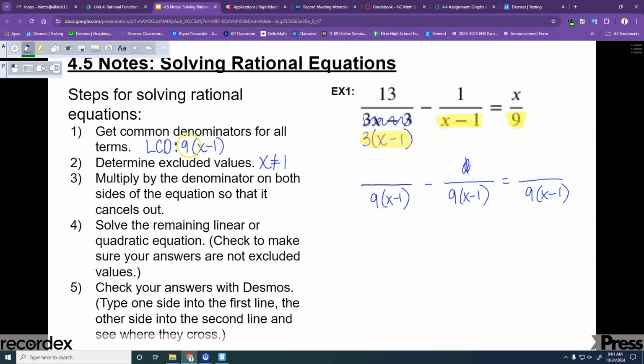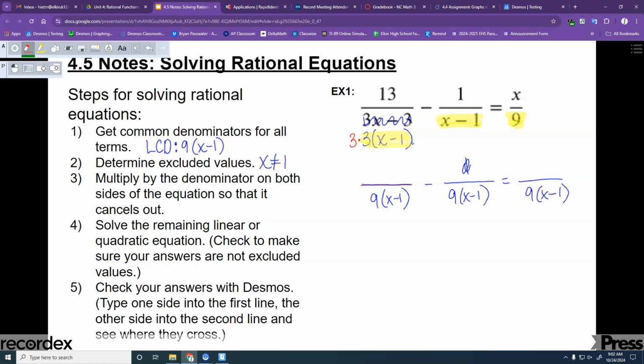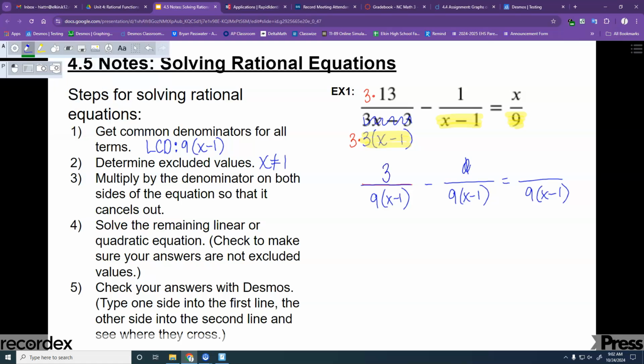To get that to happen, what do I need to multiply the first fraction by? Right now it's 3 times x minus 1. I need to multiply by 3, because 3 times 3 would give me 9. If I multiply the bottom by 3, I've got to multiply the top by 3. So that will give me 39 in the top.